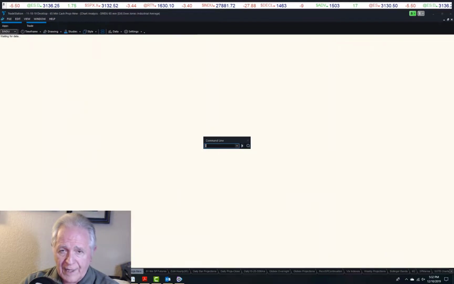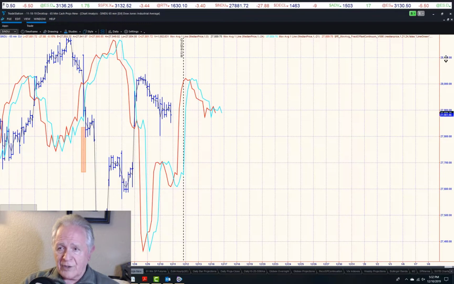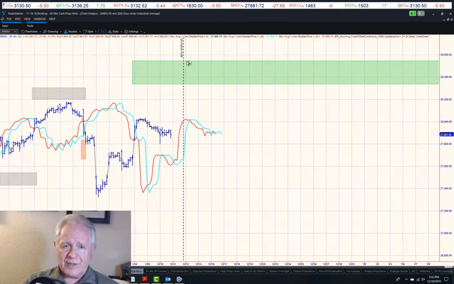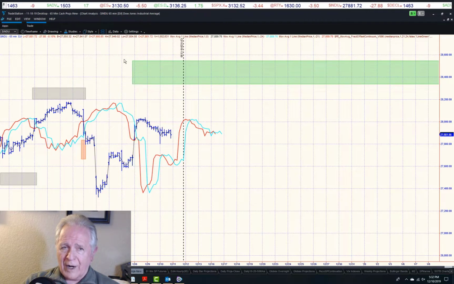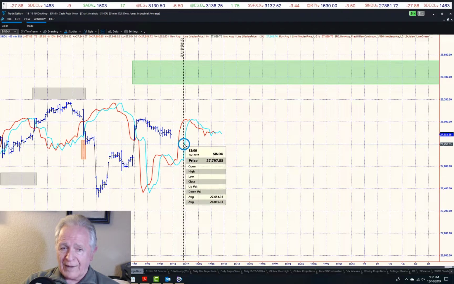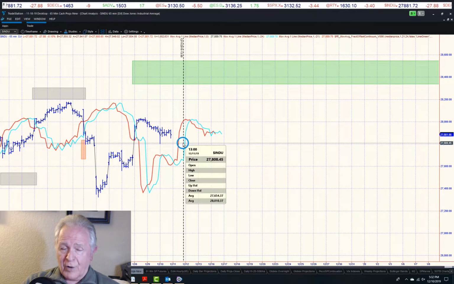If you just look at it on a relative basis, you see how much higher that Dow projection is. That's way up here, calling for a minimum move up to 28,337 and change. So that's a big upside projection on the Dow. But again, look how close we are. All we need is a little sideways move tomorrow. It would invalidate that. Here's the last bar tomorrow on the Dow.